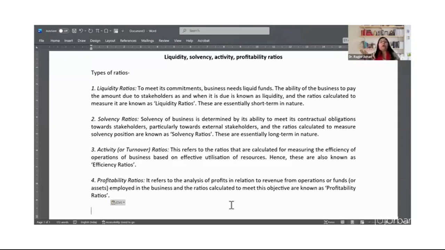Then we have activity or turnover ratio. This refers to the ratios that are calculated by measuring the efficiency of operations of business based on effective utilization of resources. Hence, these are also known as efficiency ratios.